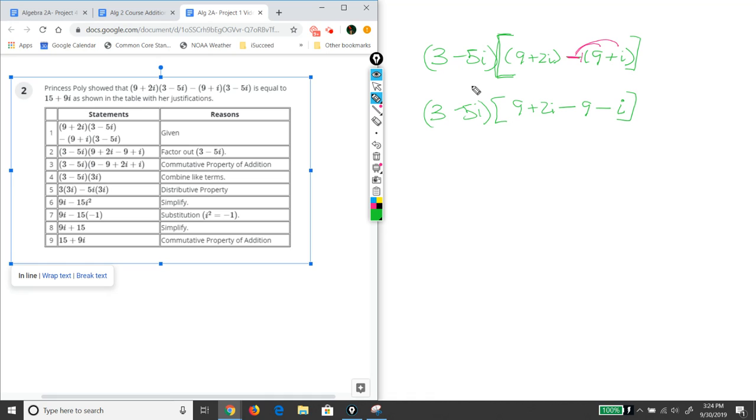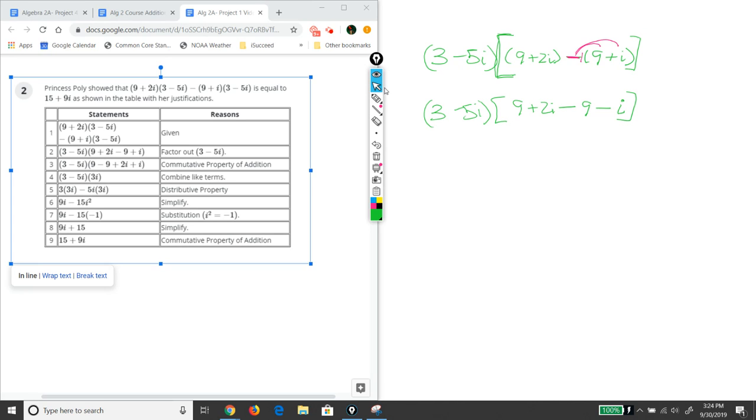So the question asks, did she do her proof correct? No, she did not. She did make a mistake in that second part, in statement number 2. She did not simplify these two correctly, as I had shown over here.